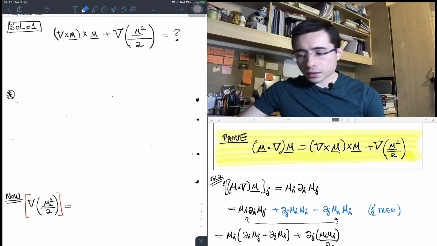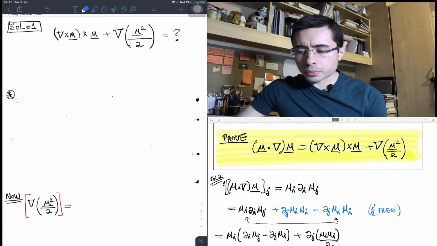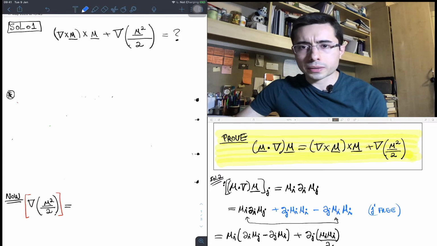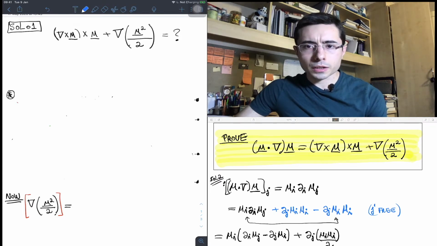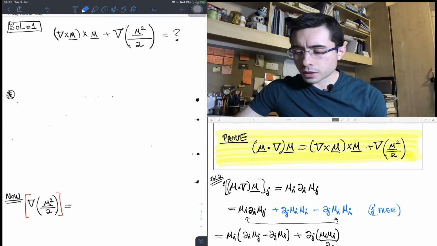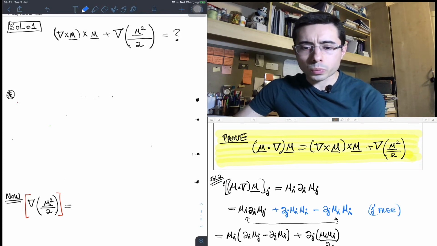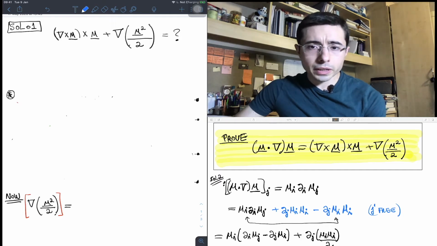Hi. That question is about calculus itself, but it's useful for the part of waves and fluids because, for example, that equation has an application in the Euler's equation for the fluid.